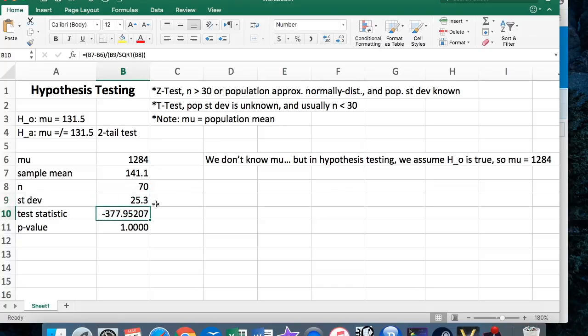So we have to use a t-test, right? Whoa, that's kind of ridiculous. Oh, it's because it's still 1284. Now remember, our population mean, based on our null hypothesis, we assume the null hypothesis is true, so our population mean, we say, is 131.5. Okay, so because we already have the test statistic formula, that's it.